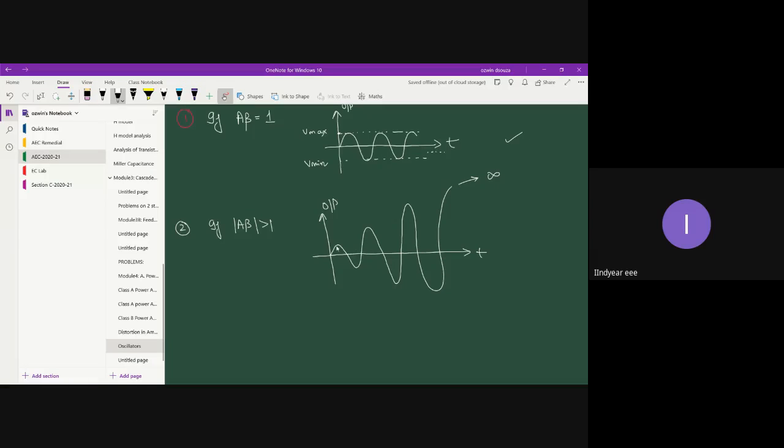So in this case, what happens is that the amplitude keeps on growing. Amplitude keeps increasing.